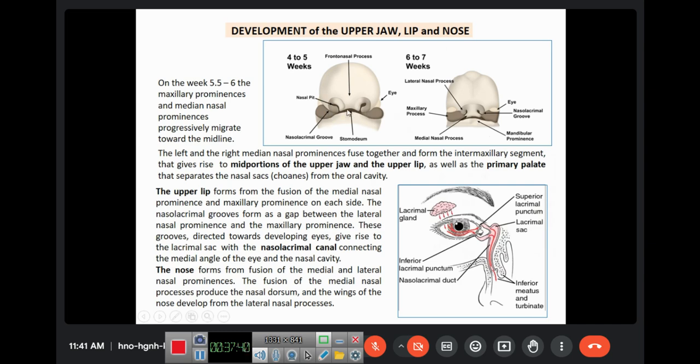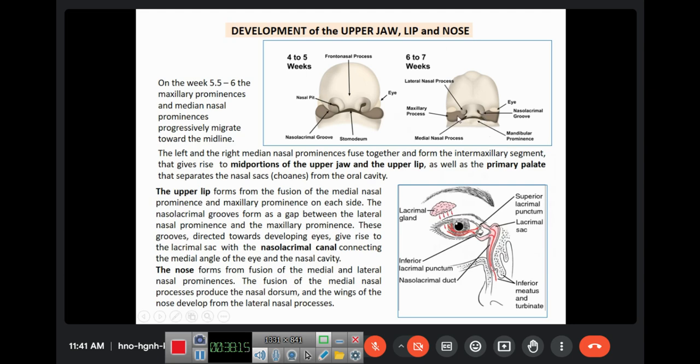The left and right medial nasal prominences fuse together to form the intermaxillary segment, which gives rise to the mid portion of the upper jaw and upper lip, as well as the primary palate, which separates the nasal sacs from the oral cavity. The upper lip forms as a result of fusion of the medial nasal process with the maxillary process on both sides, left and right.